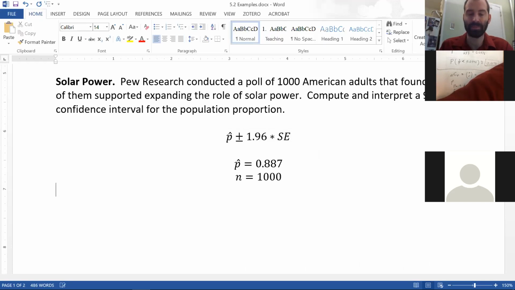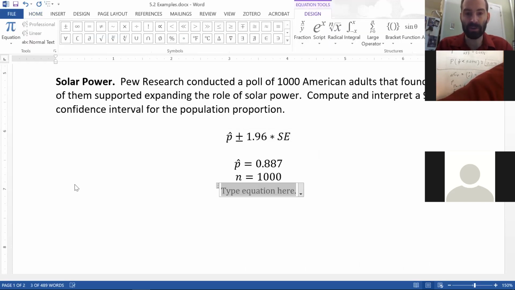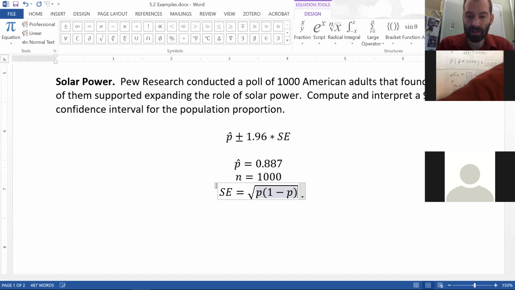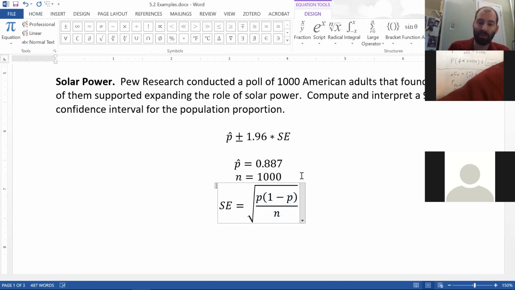And from that, I can compute the standard error. The standard error, or sigma, the standard deviation of the sampling distribution, is the square root of p times 1 minus p divided by n. That was the formula.